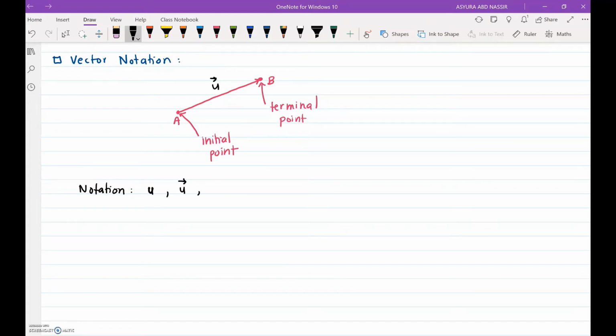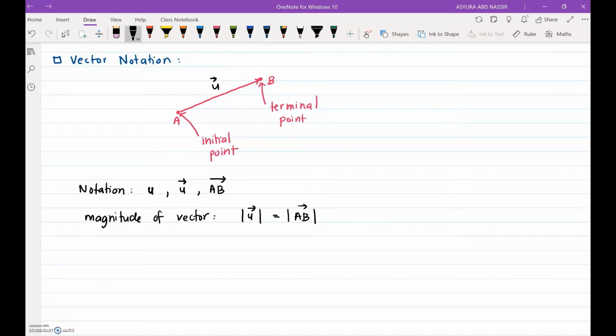Or we can write it in terms of the points, AB, which is the vector from point A to point B. This is the notation for the vector. We also have the magnitude. For the magnitude of the vector, we use the modulus notation. For example, the magnitude of U, or the magnitude of AB.